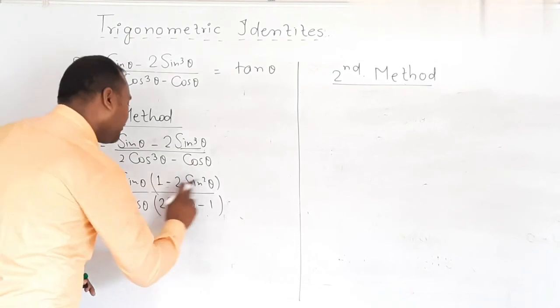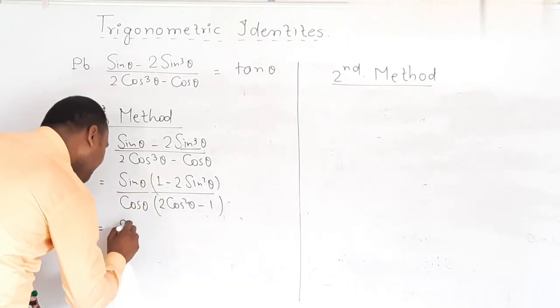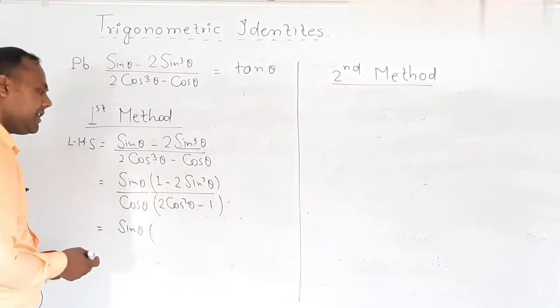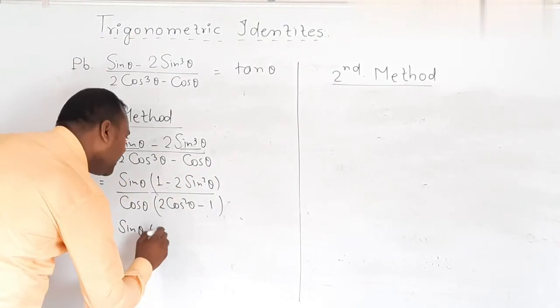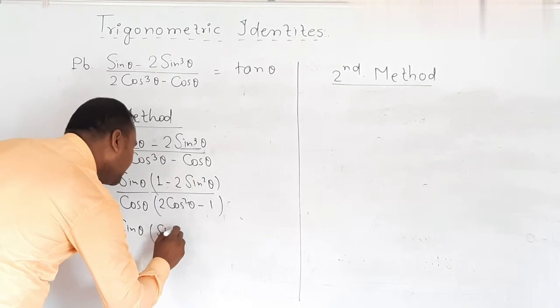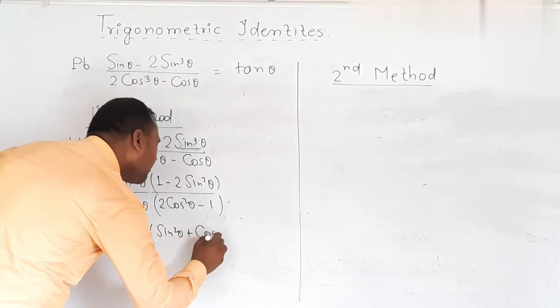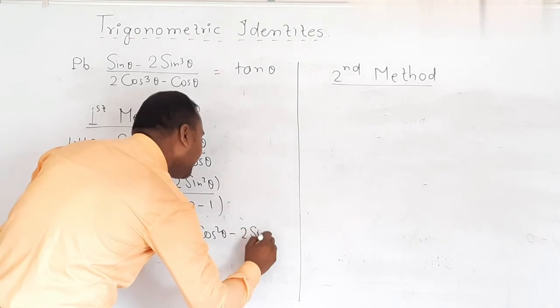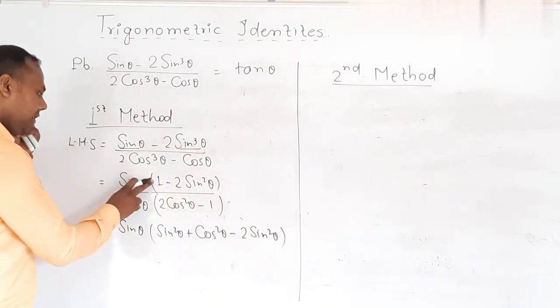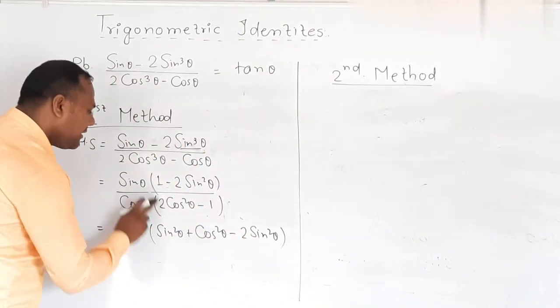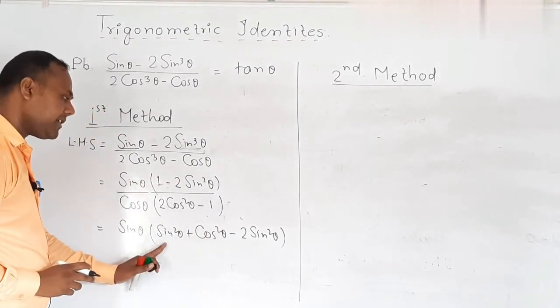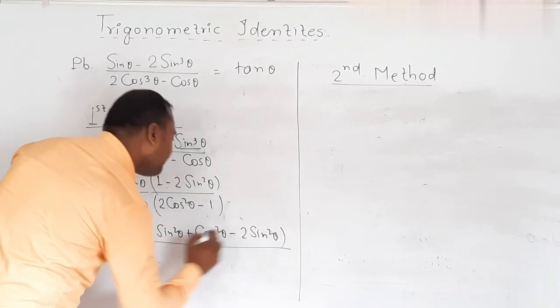Firstly solve it. Sin θ into (1 minus 2 sin²θ). That means 1 means sin²θ plus cos²θ, and minus 2 sin²θ. We put here in the place of 1, sin²θ plus cos²θ. We already discussed this in the previous lecture.